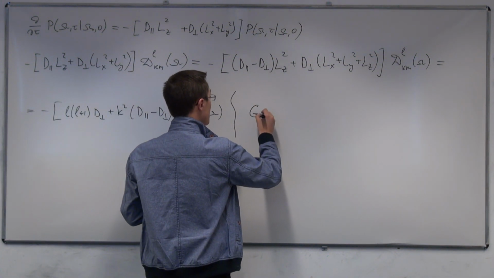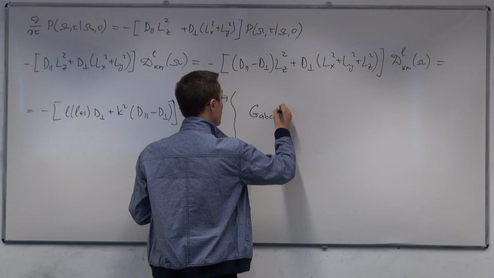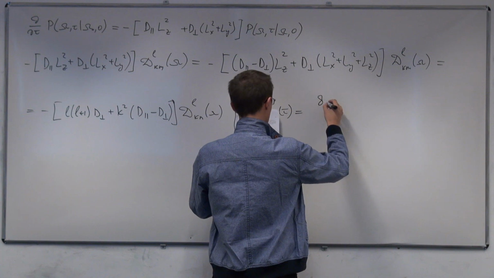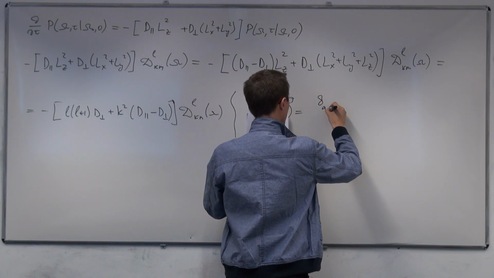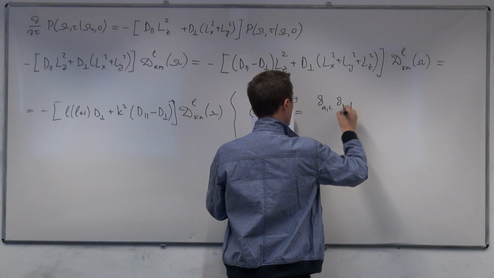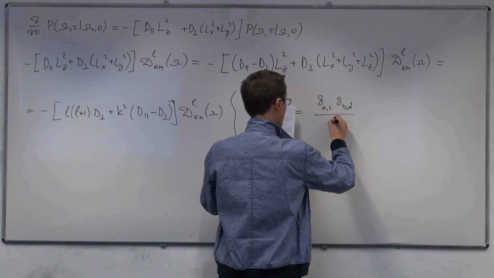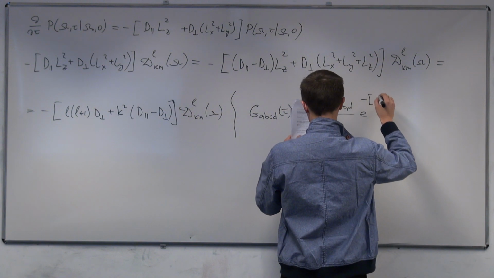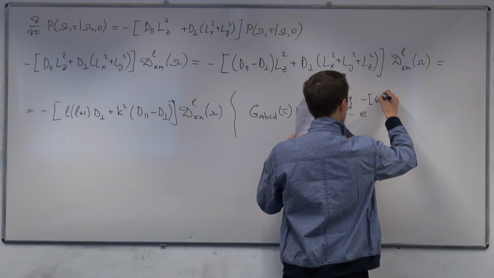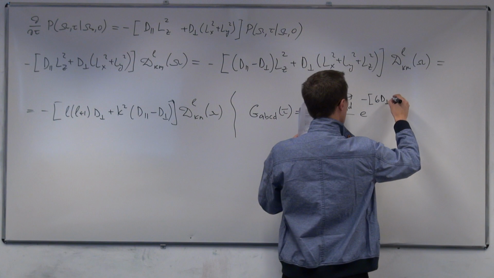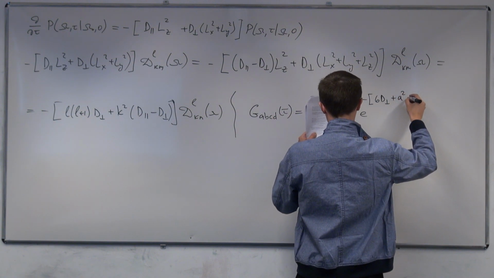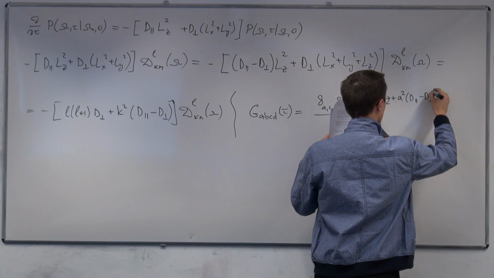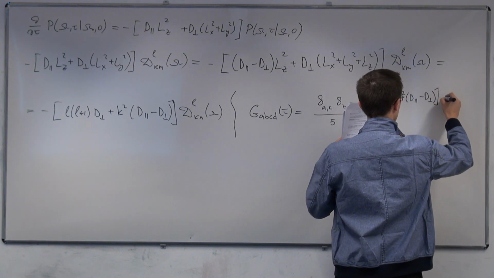We get G_ABCD of tau is the same pile of deltas, delta AC, delta BD, divided by the same 5, but we have the following index in the exponential: 6 D perpendicular plus A squared (D parallel minus D perpendicular), and that's times tau.